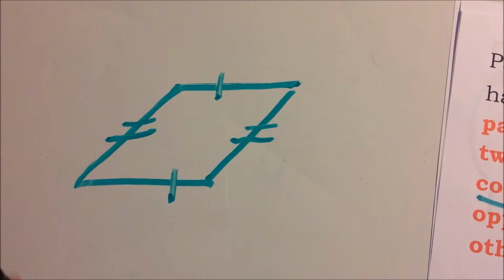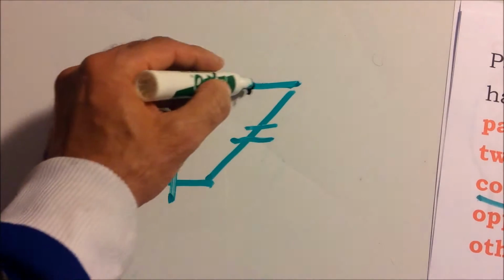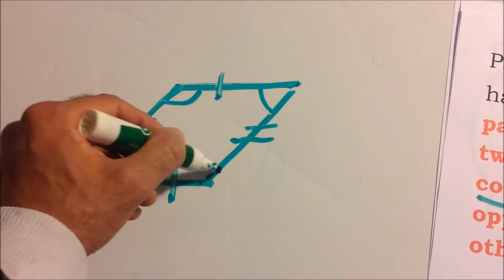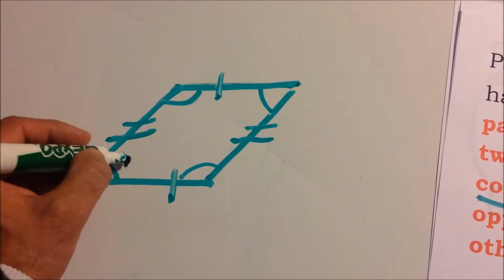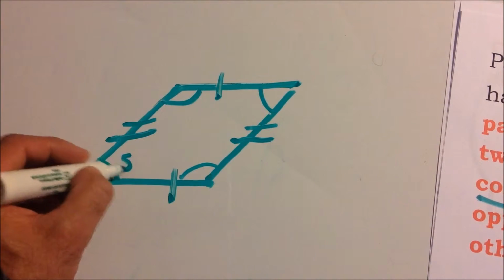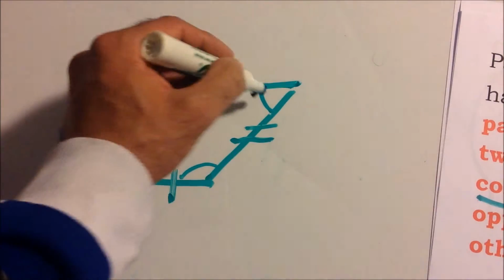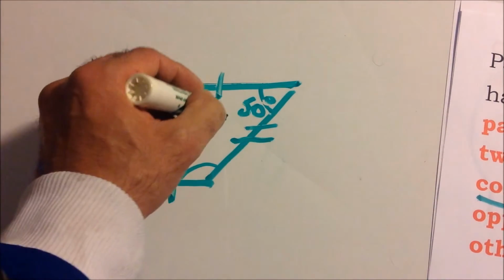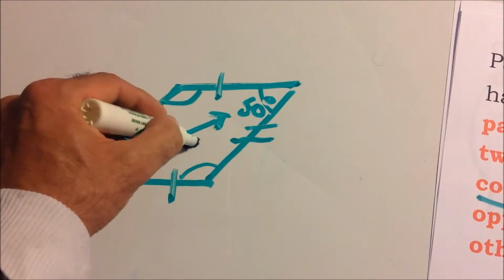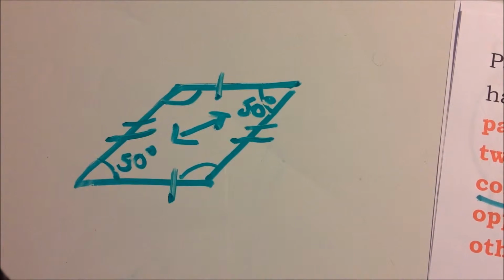That's one of the definitions. And the angles opposite each other have to be congruent. So let's say, for example, this was 50 degrees. Well, then this angle has to be 50 degrees. They're opposite each other. So that's the parallelogram.